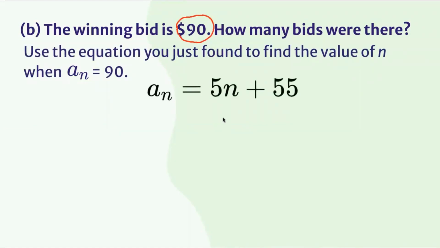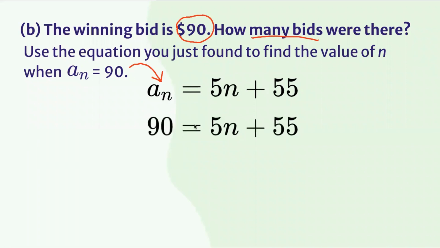And so remember, that would be a sub n equals 5n plus 55, and we're trying to look for the value of n when a sub n equals 90. So the number of bids refers to the position of the term in your arithmetic sequence. And so since you're already given the term, a sub n can just be substituted for 90. So 90 equals 5n plus 55.